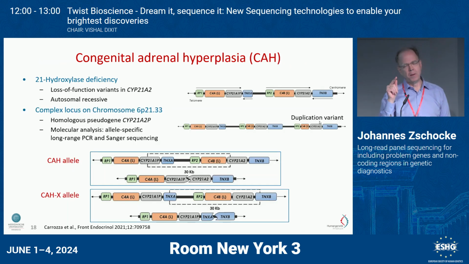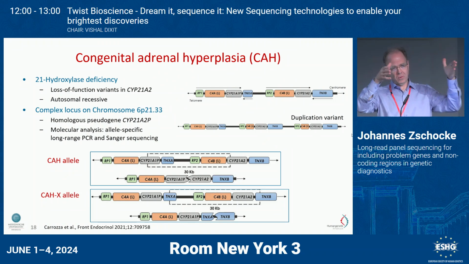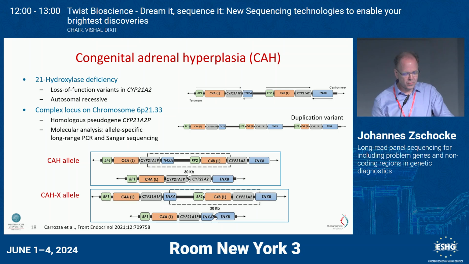This similar problem is also true for, and then it becomes even more complicated or easier also in a way, congenital adrenal hyperplasia, which is a very complicated locus. Here, the short arm of chromosome 6 locus, several interesting genes, tenascin X, here TNXB gene, the CYP21A2 gene and the pseudogene, and you have duplication variants where you have 3 of these gene groups, and you have various hybrid alleles.